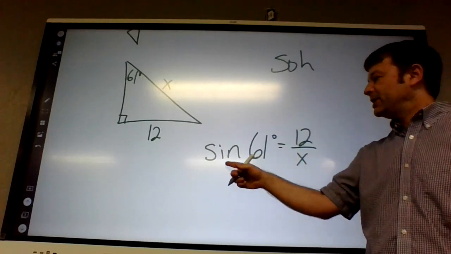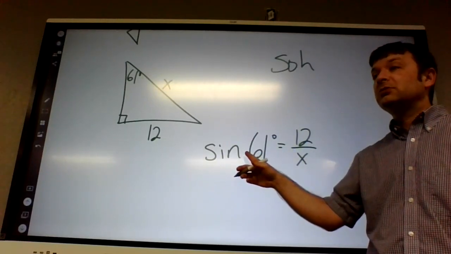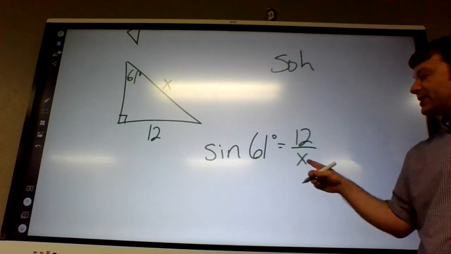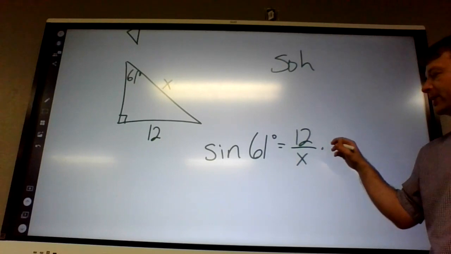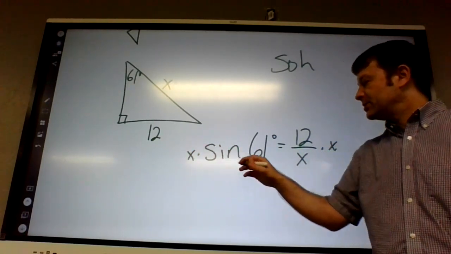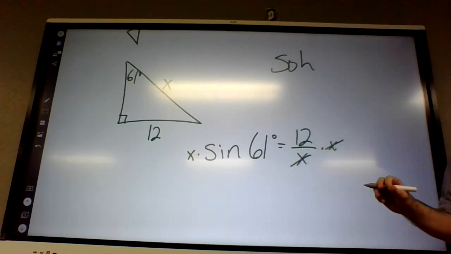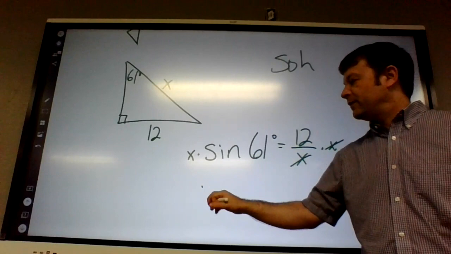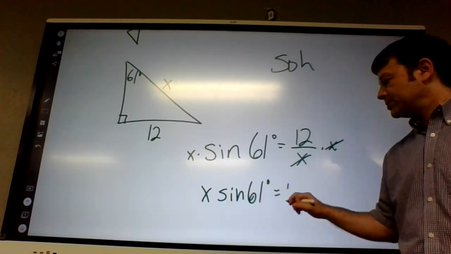Actually, there's not really anything to cross multiply here, but put it over 1. Okay, if x is on the bottom, what do we do about that? Multiply by x. So over here the times x divided by x just goes away, and over here we have x times sine of 61 degrees equals 12.